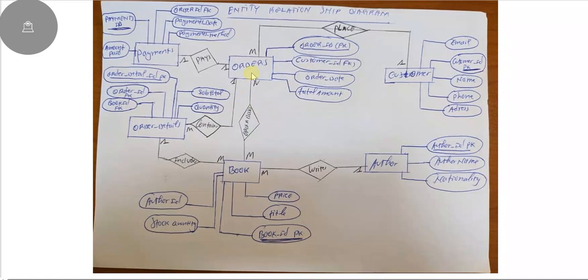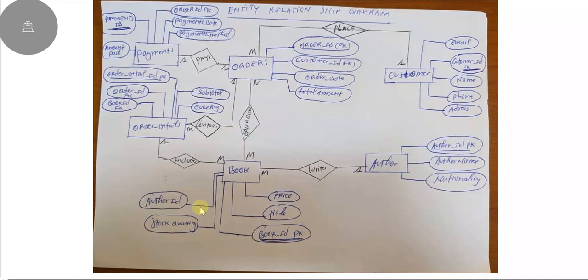we have the relationship between orders and books, and the relationship between orders and order details, where order details contain orders, which is a one-to-many relationship, where one order can be contained in many order details.